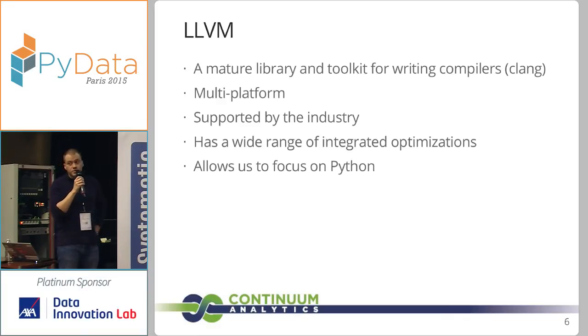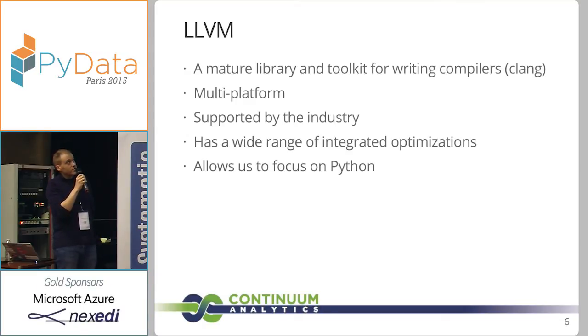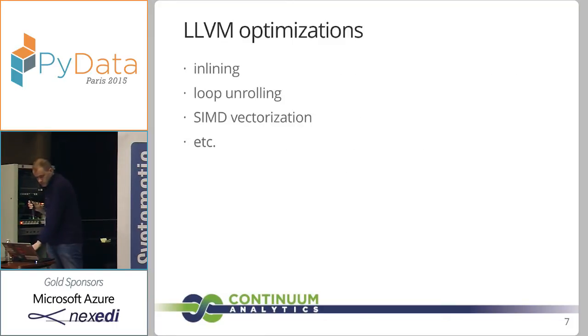There are many people working on it, so there is a wide range of integrated optimizations, all kinds of optimizations you may expect to find in a compiler. It allows us, the Numba developers, to focus on Python and everything which is specific to Python, as opposed to the low-level optimizations, register allocation, and so on.